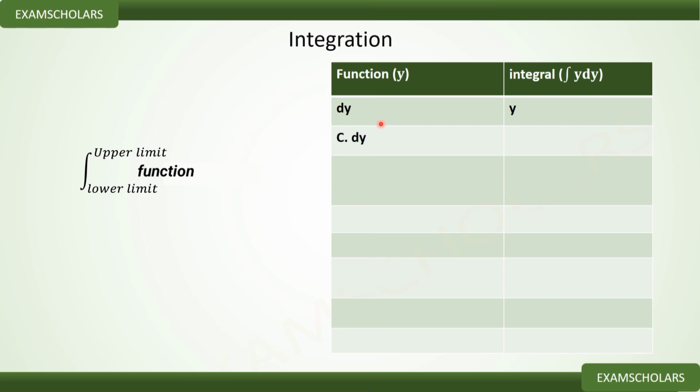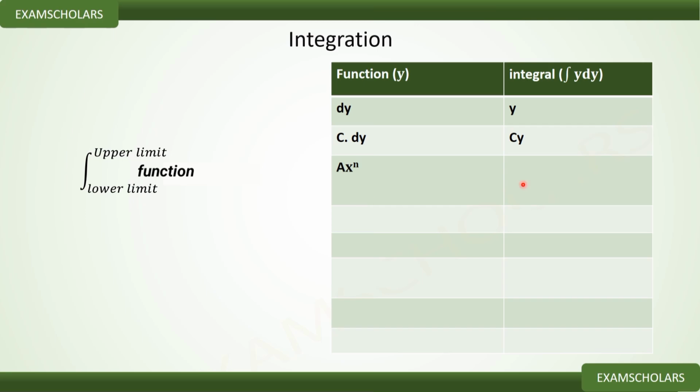Now another one is when you have a constant. A constant means a number before your differential. So c dy, when you integrate, you are going to get cy, your constant multiplied by the variable. The next one is a polynomial function.